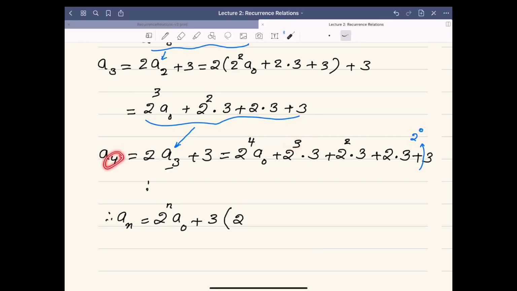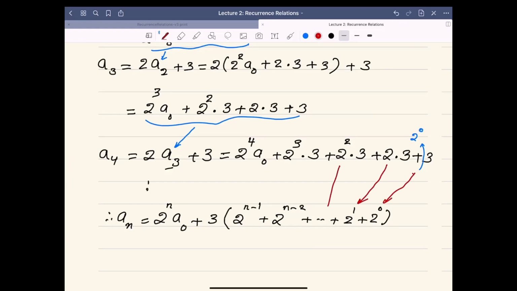So in general, we will have 2 to the power n minus 1, plus 2 to the power n minus 2, until we go to 2 raised to power 1 and then 2 raised to power 0.